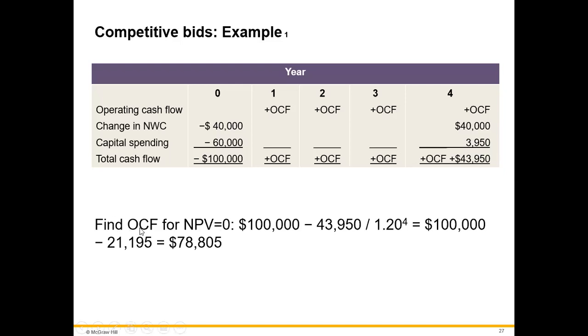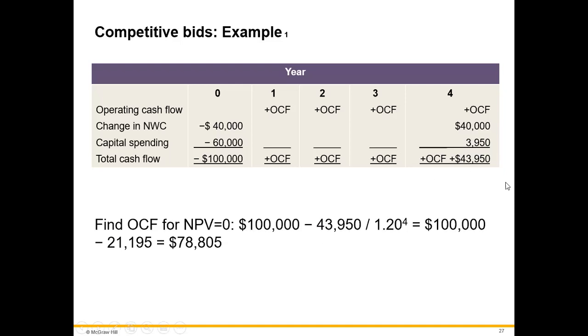So find operating cash flow when your NPV is 0. You want your net present value to be 0. How do we do that? Well, first, take the $100,000 that we have to expend today, subtract it from the present value of the future cash flow we know.